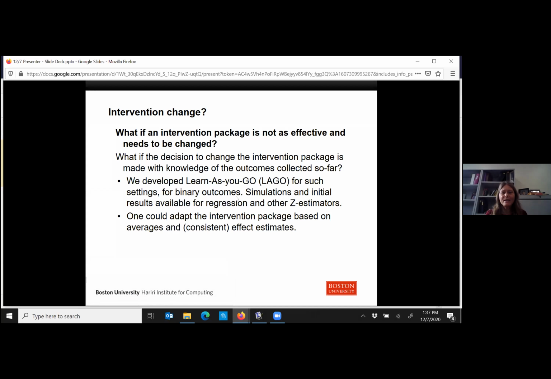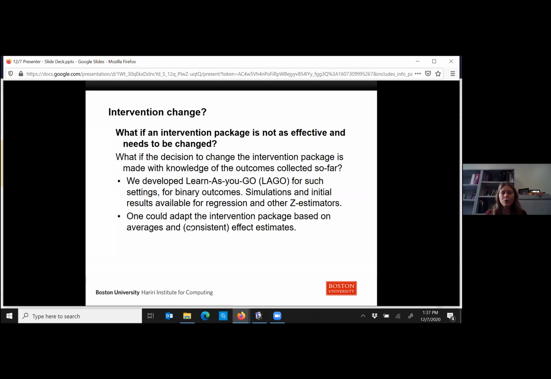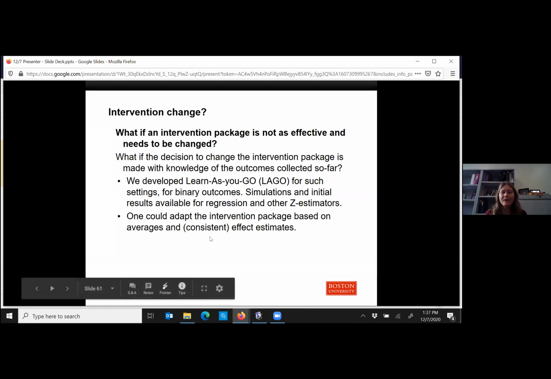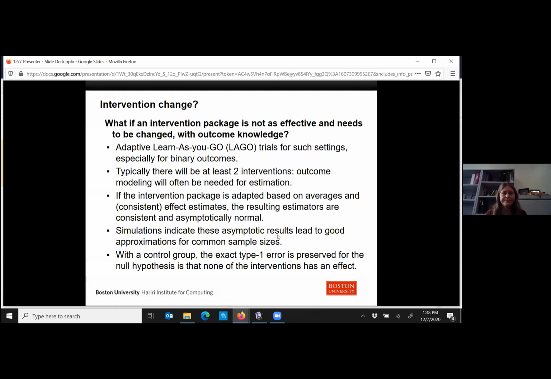We have simulations and initial results available for regression and other Z estimators. In LAGO designs, one could adapt the intervention package based on averages and consistent effect estimates. Importantly, we don't change the intervention package or the dosage based on individual people's outcomes. We change them based on averages and estimates.